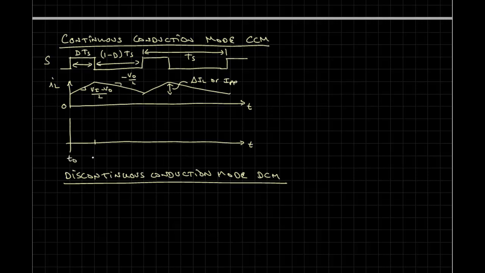Let's label some time periods. We're going to be operating in circuit mode 1, and then circuit mode 2. The voltage on the switch would be equal to 0 when the switch is on.